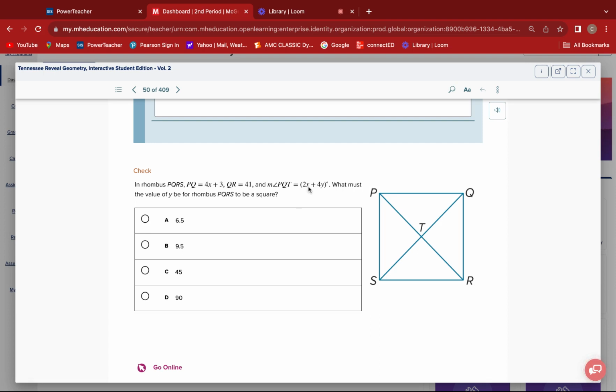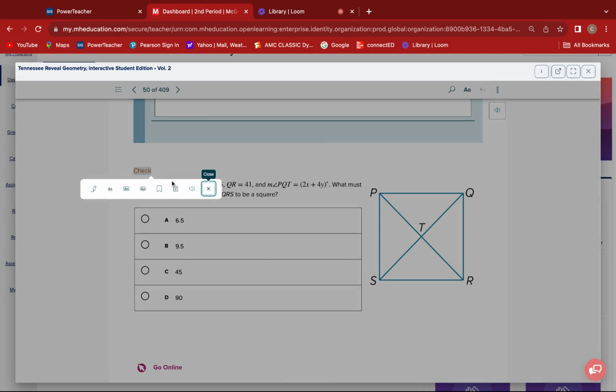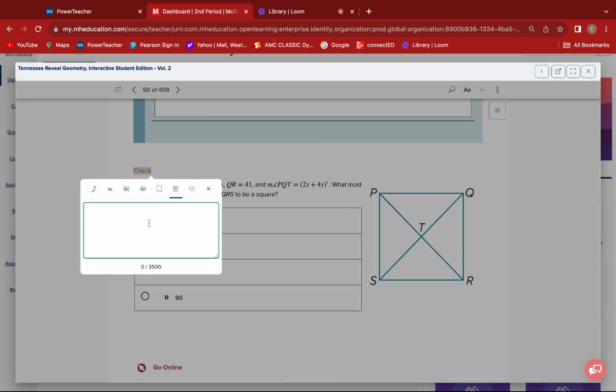I'm then going to take that x and substitute it for the x in PQT, which is 45 degrees, because if it's a square, all these little angles are the same. If big angle Q, PQR, is 90 and it's been bisected, they're 45 degrees. So several things going on here. All right, first let's find x.